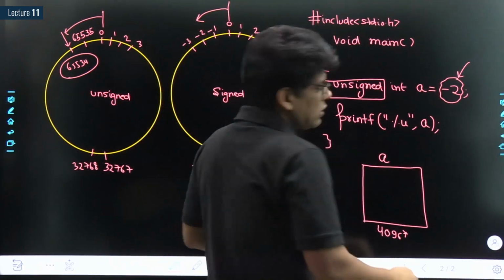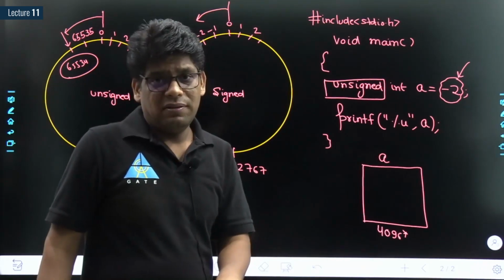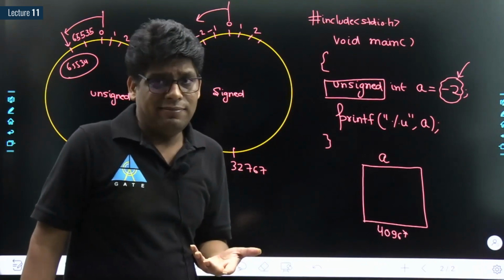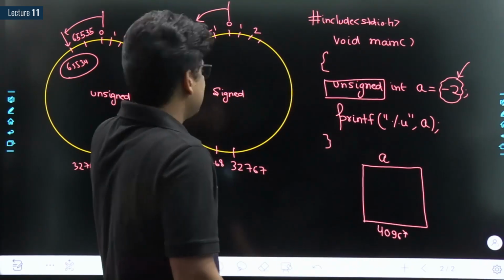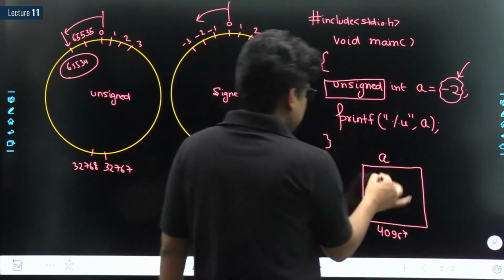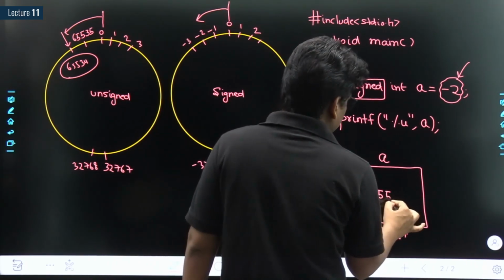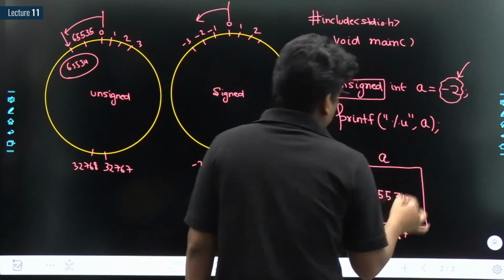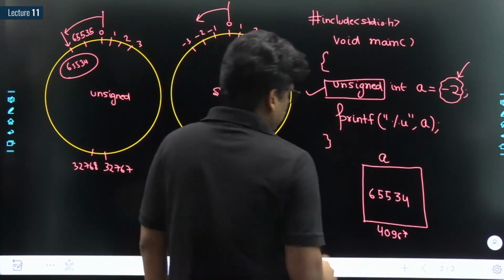Is it -2? We cannot store -2 in an unsigned integer. That is what we are trying to learn: how values are mapped from this cyclic property. The value that goes inside here is nothing but 65534.